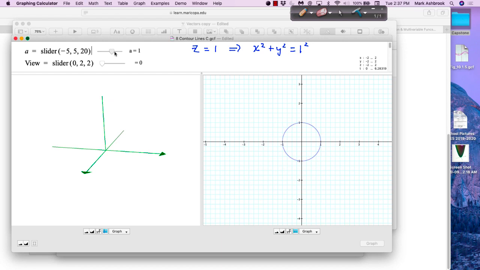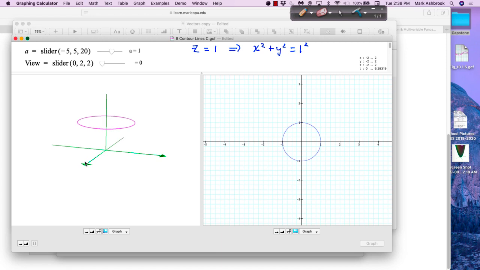And then that circle would live in which plane? In z equals 1, because that's how we got that circle, by setting z equal to 1. So it's the circle x squared plus y squared equals 1, and it lives in z equals 1.